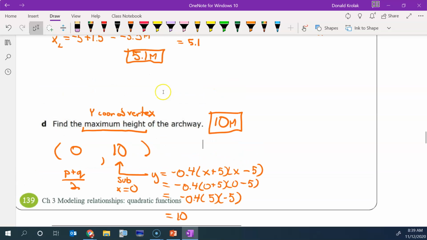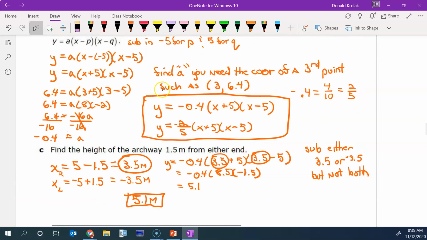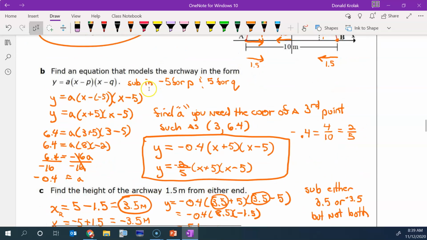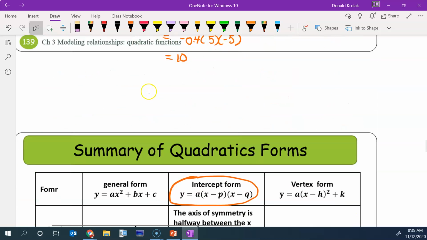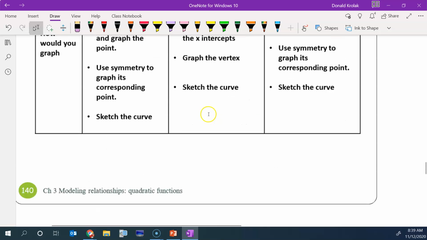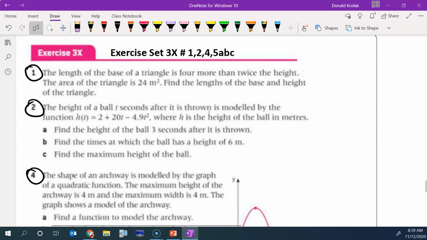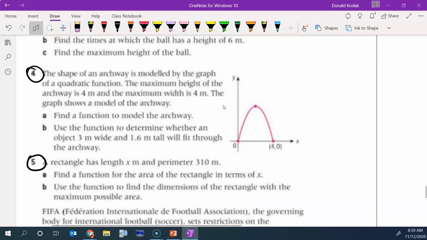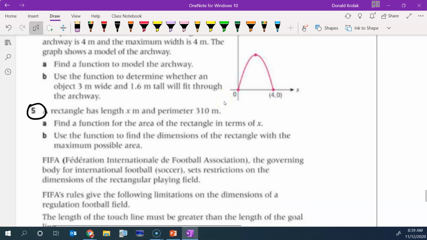Okay, questions on that? So each of the homework problems, guys, is set up to mirror the examples that we did in class the last 2 days. Okay, so 1, 2, 4, and 5.